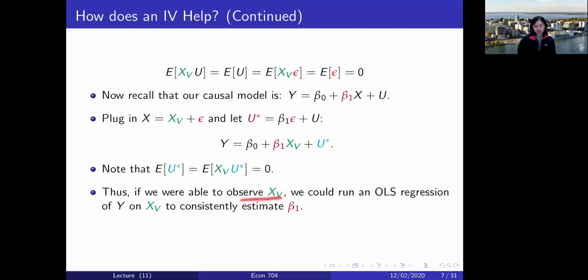If you were able to observe XV, we could run OLS regression of Y on XV to consistently estimate beta 1. But of course, there is one problem, that is XV is not observed. XV is something that we constructed using the IV, using the instrumental variable. So it is not observed.